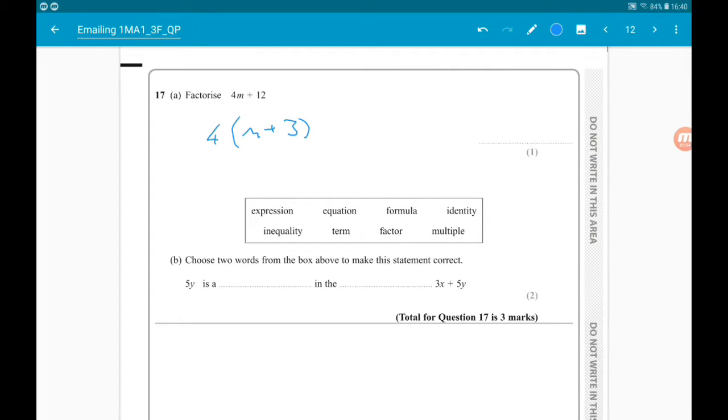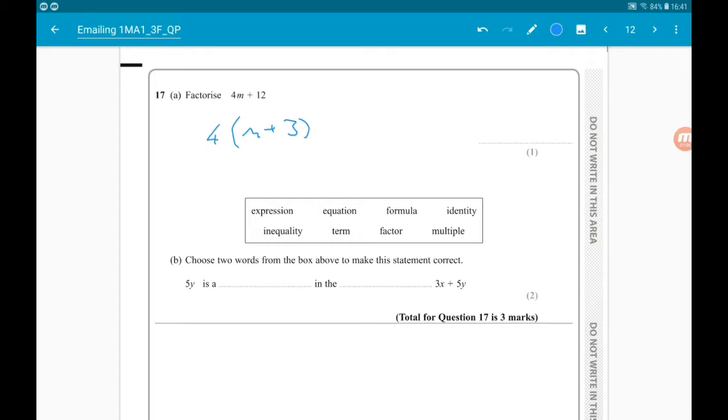Okay, then for part B, we want to choose 2 words from the box above to make this statement correct. So 5y is a something in the something 3x add 5y. So the words we have then are expression.